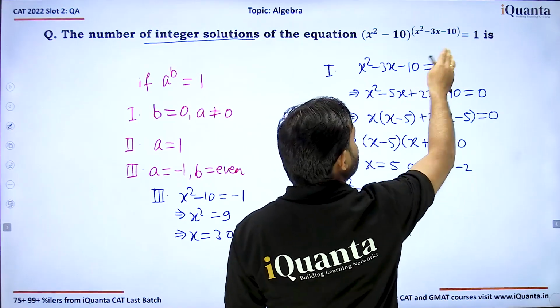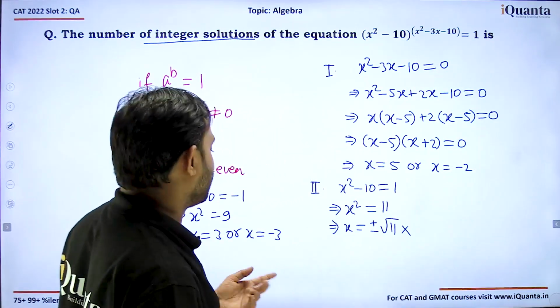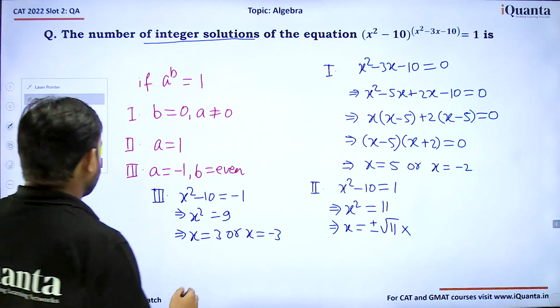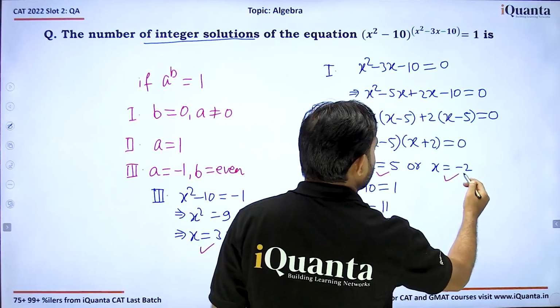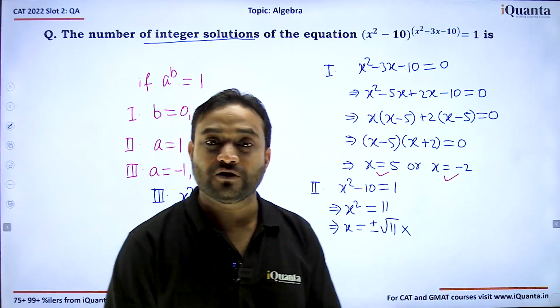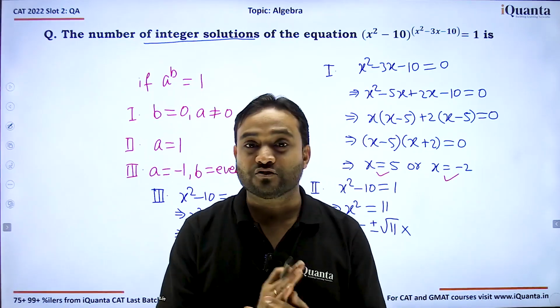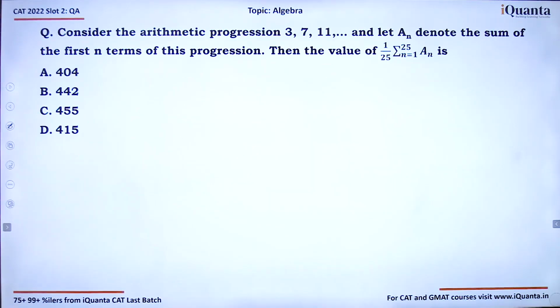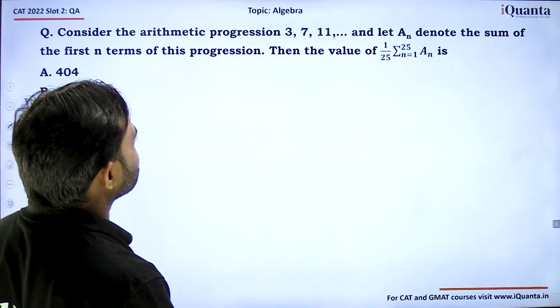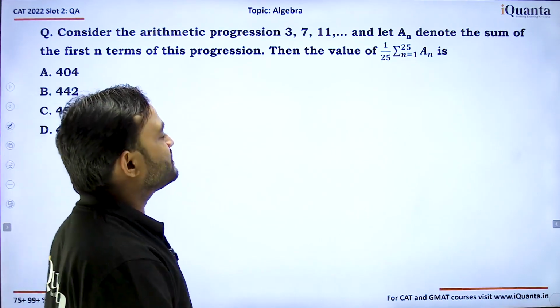So 9 plus 9, 18 minus 10 is 8, which is again even. So all these values are true. So 5 is true, and minus 2 is true. So how many different integer values of x are possible? Answer is 4 values.